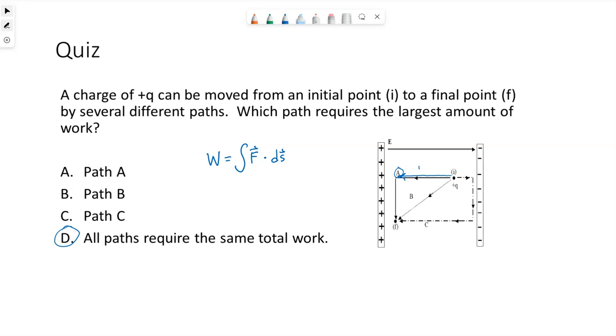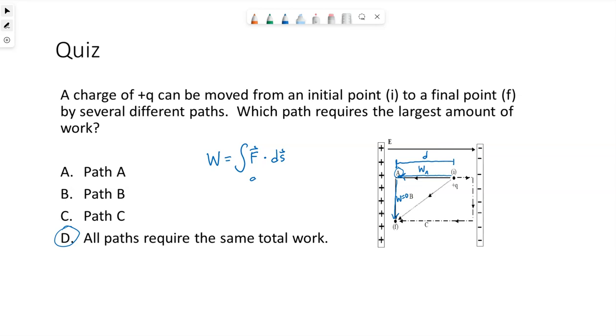So this part we would have some work done that depends upon this distance between the initial point and A. As we go this way, there is no work done because we're moving perpendicular to the electric field.